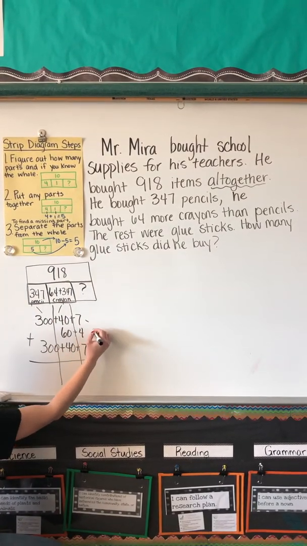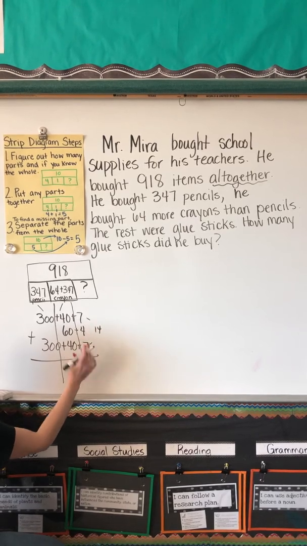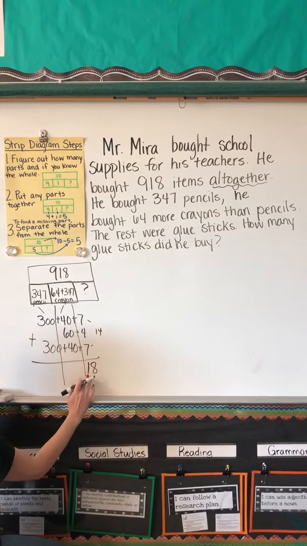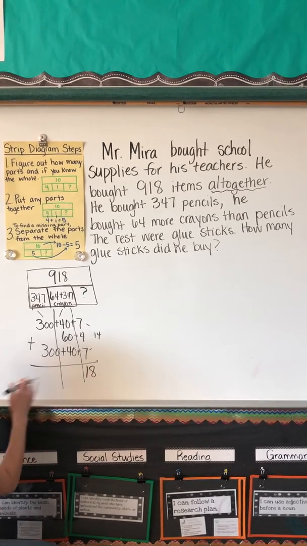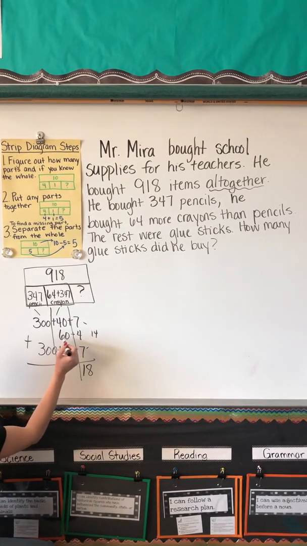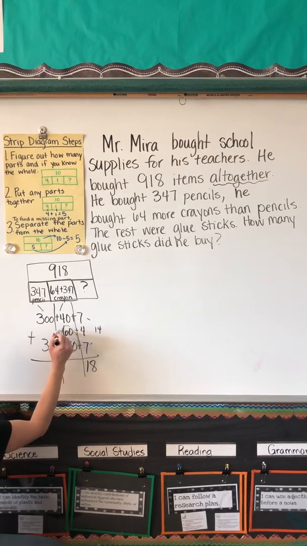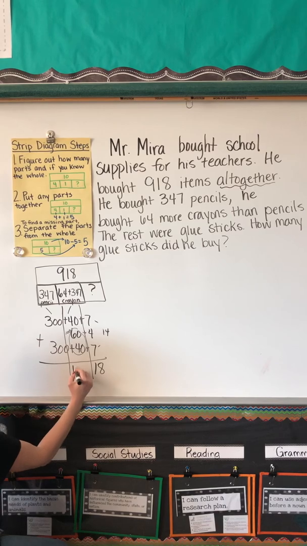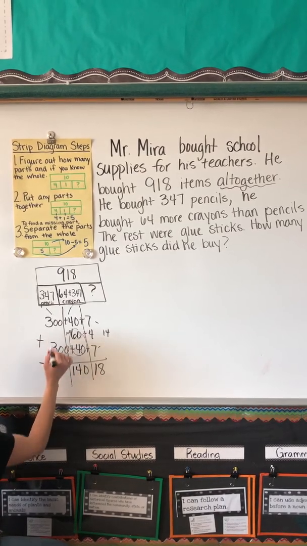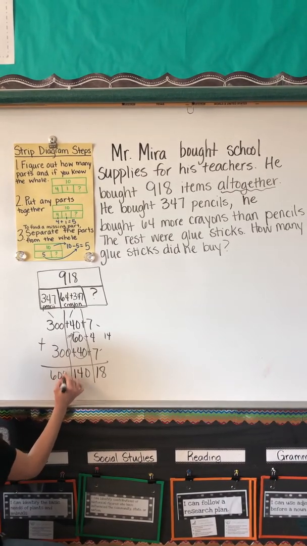So 7 plus 7 is 14, and 14 plus 4 is 18. And I'm just going to leave it 18 for now, and then I'll solve it. I'll move the numbers over later. I know that 60 plus 40 is 100, so that makes that math easy. 100 plus 40 is 140. And then 300 plus 300 is 600.